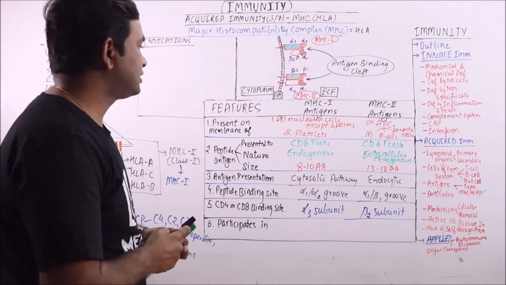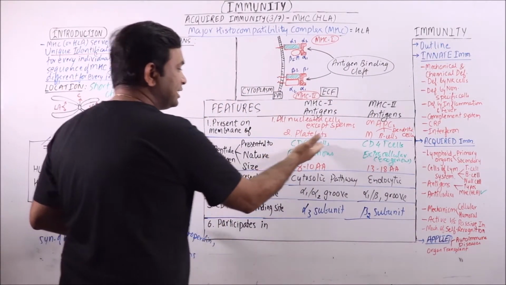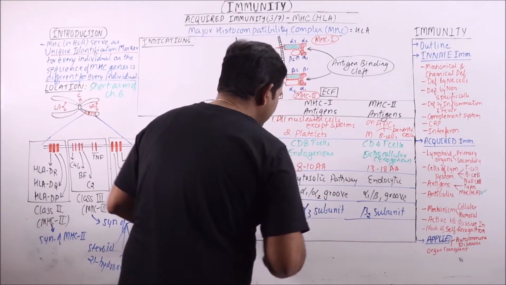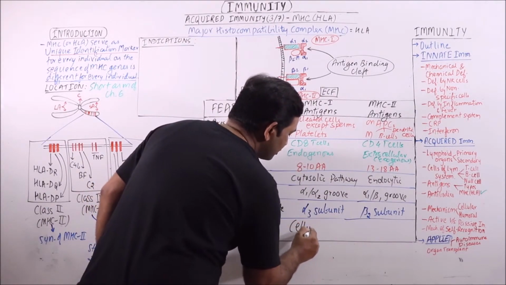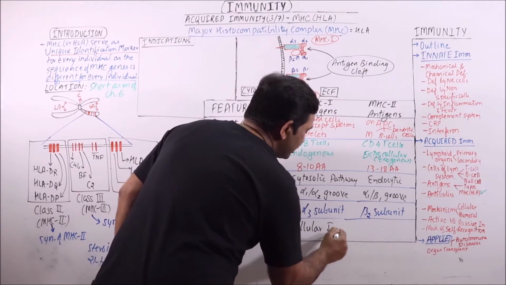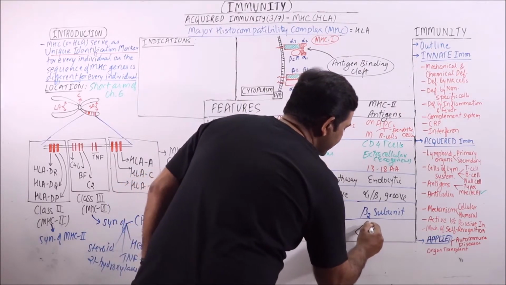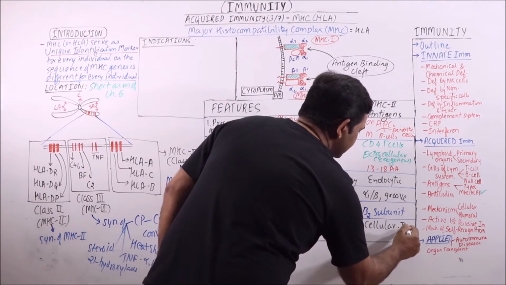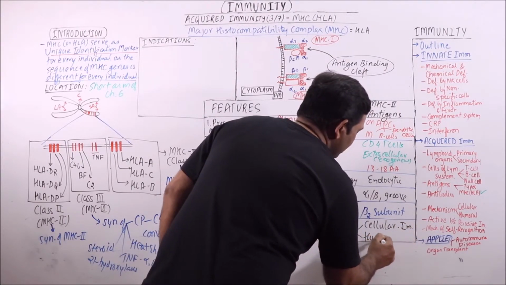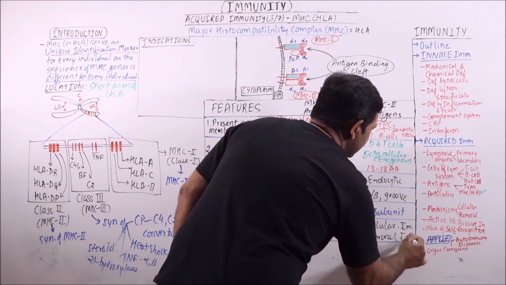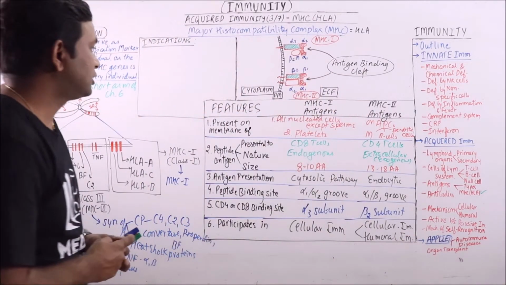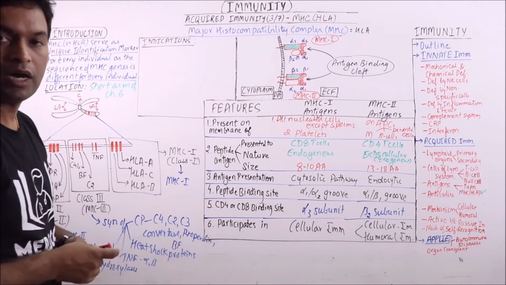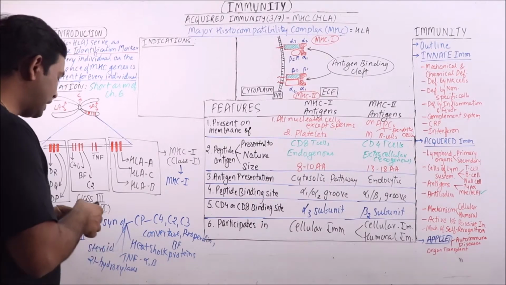Now, when only CD8 T cells are stimulated, it means that cellular immunity is stimulated, but in this case cellular immunity as well as humoral immunity is stimulated. So this is the comparison between MHC1 and MHC class 2 antigens.